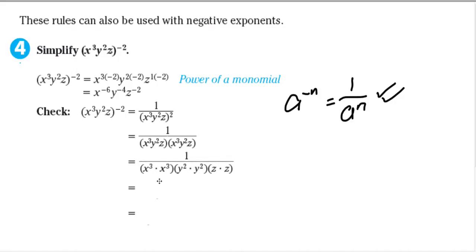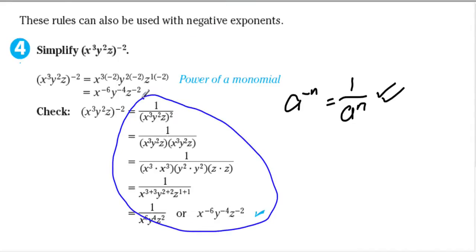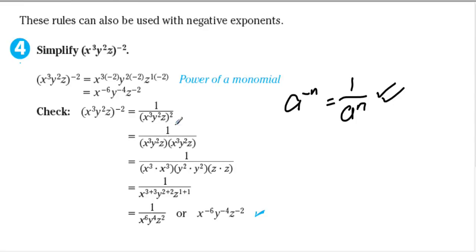Using commutative and associative properties, put all the x's together, all the y's together, and all the z's together, and add their exponents. We now have 1 over x to the 6, y to the 4th, z squared. Our answer checks out: x to the negative 6, y to the negative 4, and z to the negative 2. This is actually another way of solving this particular problem if you do not remember the rule. If you just remember our basic rules that we learned in the beginning, this is another way of solving this.